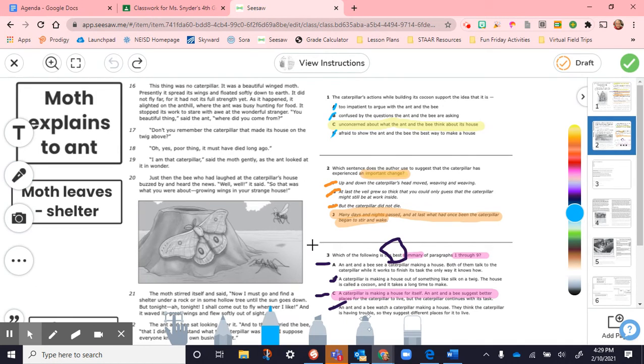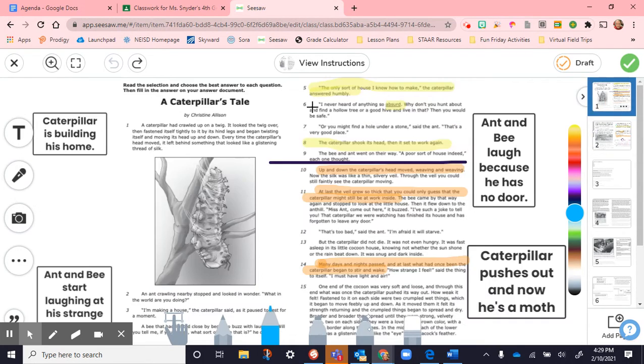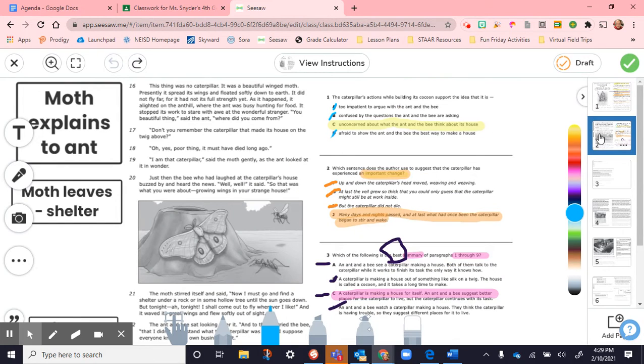And then on 3, we've got, which of the following is the best summary of paragraphs 1 through 9? So it's not the whole story, it's only 1 through 9. We drew a little line to mark just this section. We reread it, got rid of B and D, and A and C were pretty close contenders.